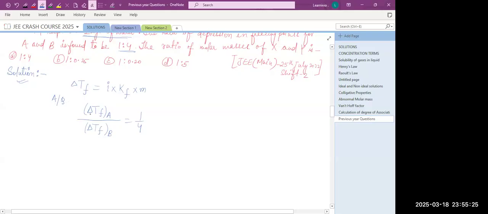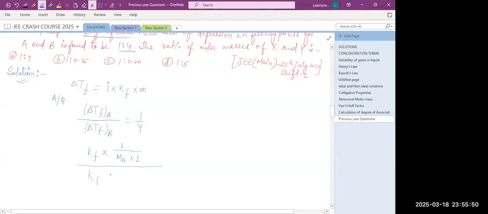So what's the value of delta TF for A? It is KF into molality, and molality is the given mass, 1, upon molar mass of A into the mass of solvent in kg. And what's the value of delta TF for B?